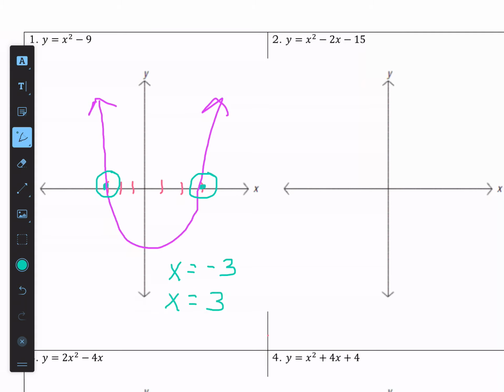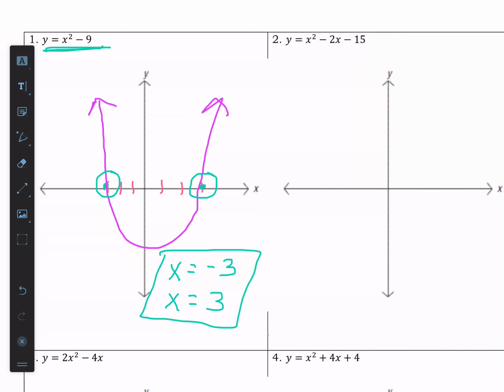Those are your answers. So if you were to go back and factor this and tee it off and do it just the way we were just doing the problems algebraically, you would get +3 and -3. Well, if you want to relate that to what's happening in the graph, that is where your graph hits the x-axis. That's why they're also referred to as x-intercepts.